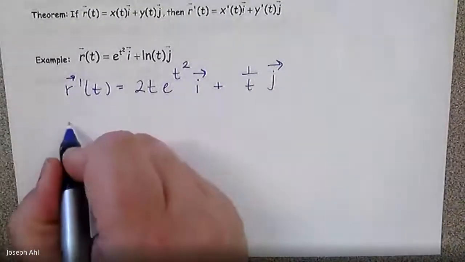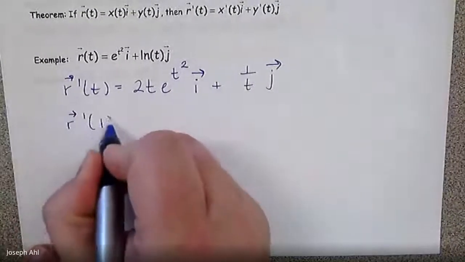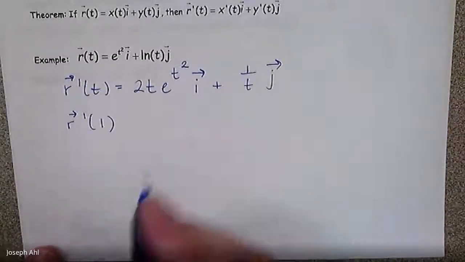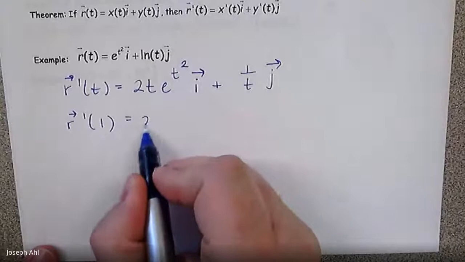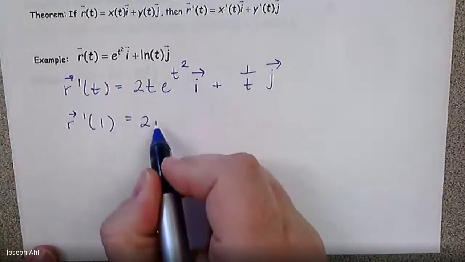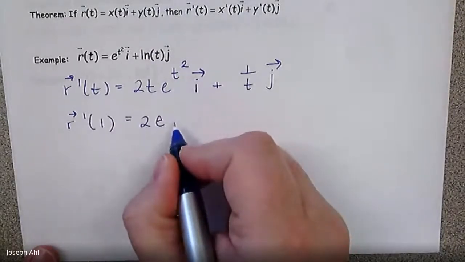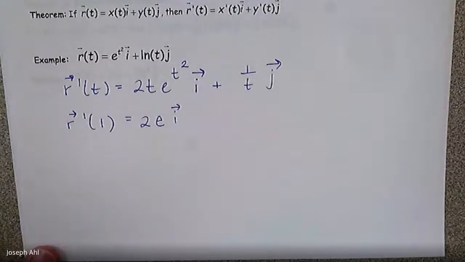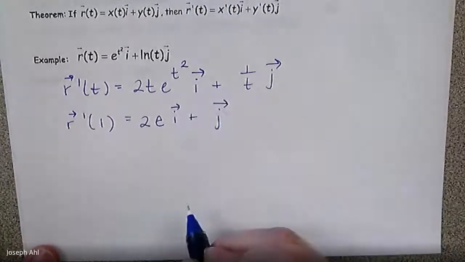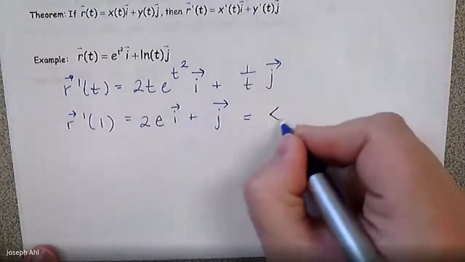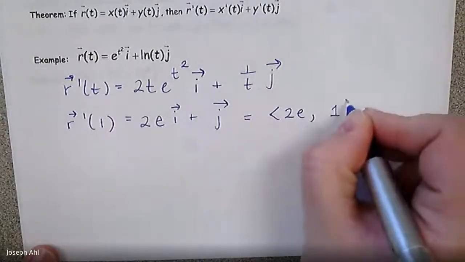So from there, we could ask you to find things like, what's the derivative at 1, R prime of 1? And that would be, if I plug in 1 for these inputs, it would be 2 out front, e to the 1 squared, so that's just 2e, and that would be the horizontal component, plus, if I plug in 1 here, it would just be plus j, which might be more commonly written as 2e comma 1.